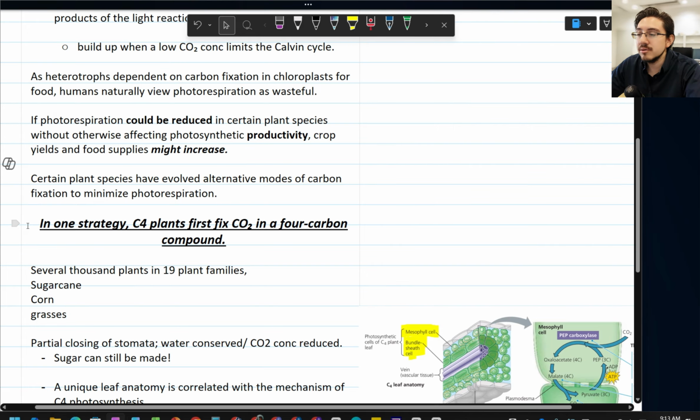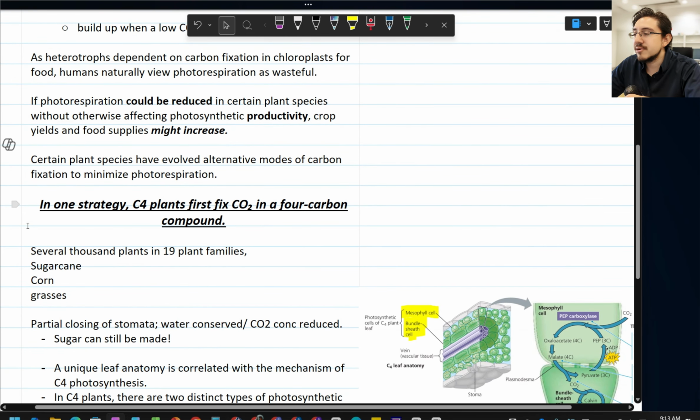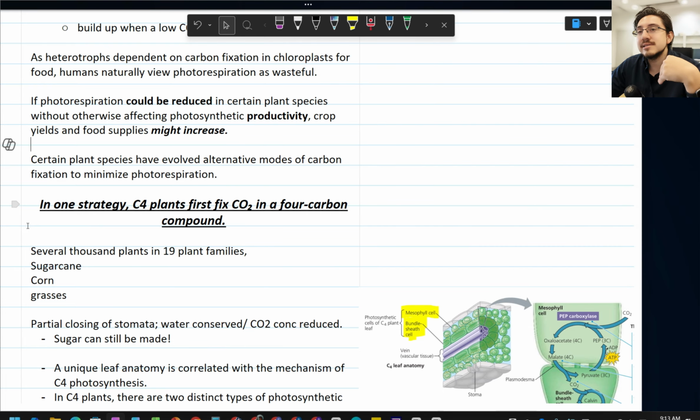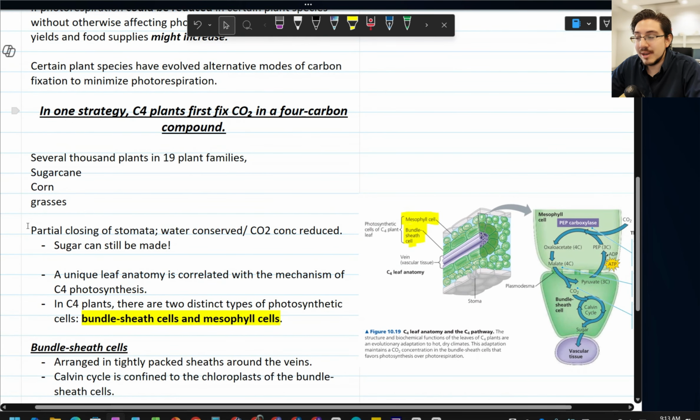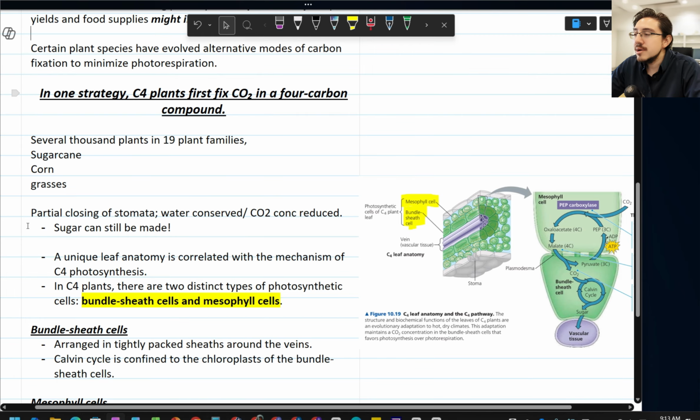Certain species have evolved alternative modes of carbon fixation to minimize photorespiration, and this is the next process that we need to take a look at in C4 plants. So in one strategy, these types of plants fix carbon dioxide in a 4-carbon compound, thus being called C4 plants.